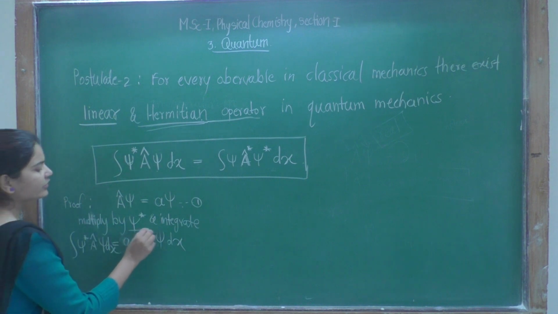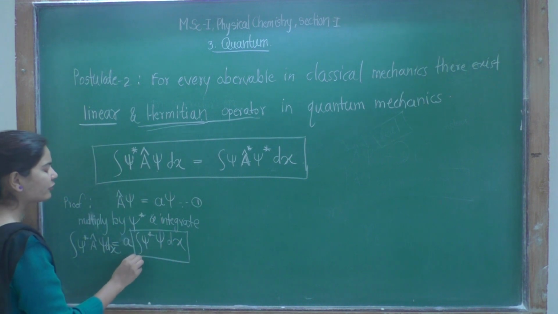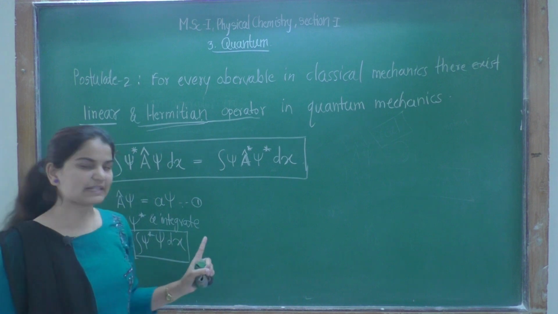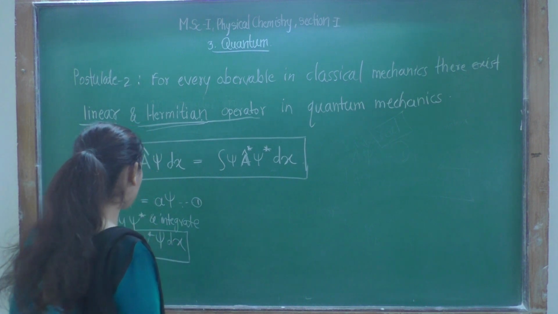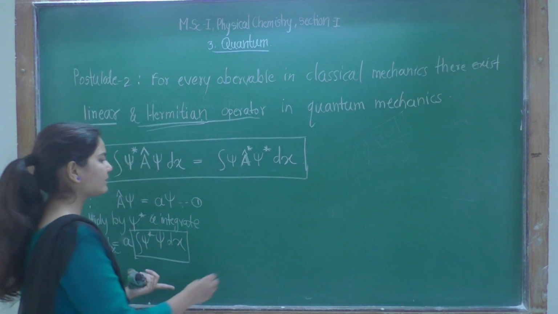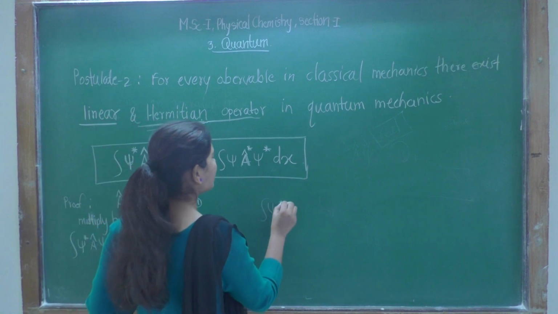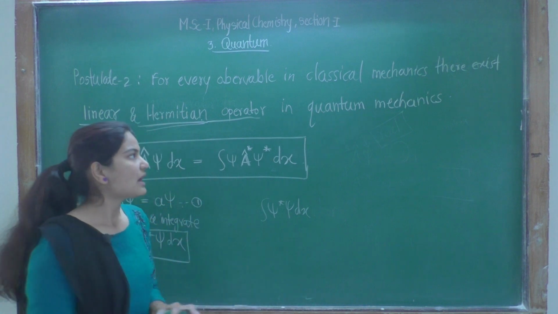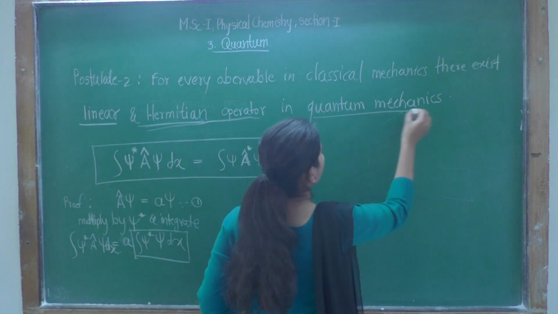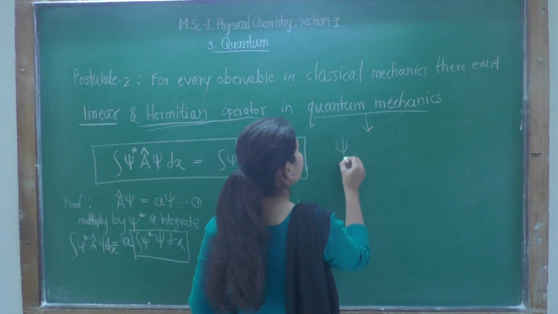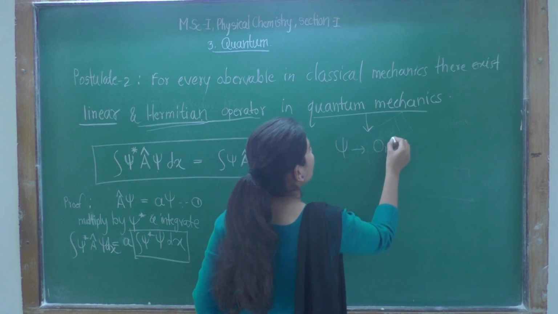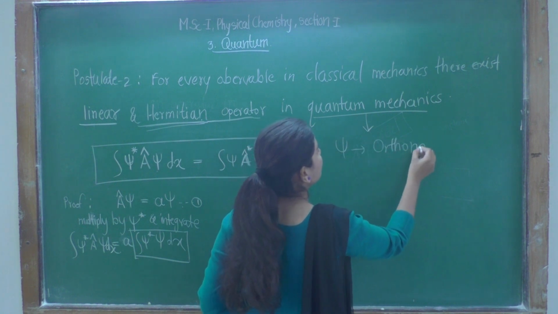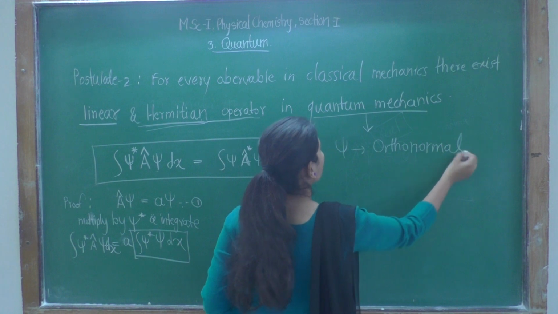Now do you remember this? What is the value of integration of psi star psi dx? What is it? Probability. See, another condition in quantum mechanics is that the wave function is always orthonormal. We have seen what orthonormal is.